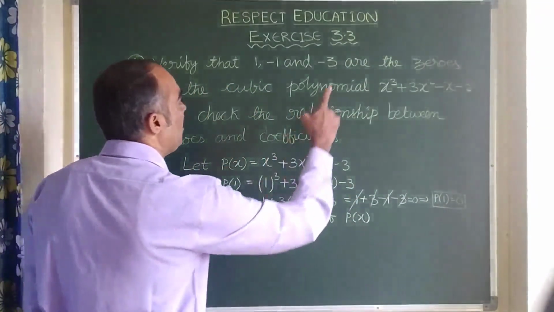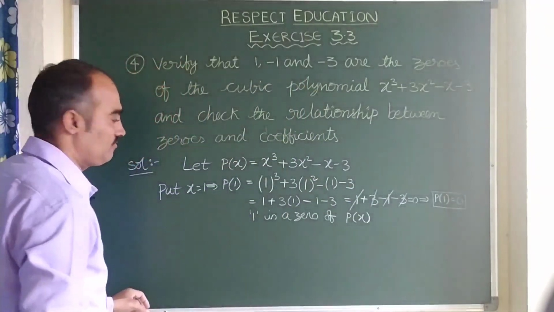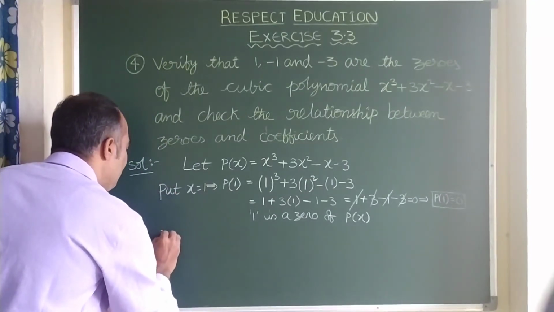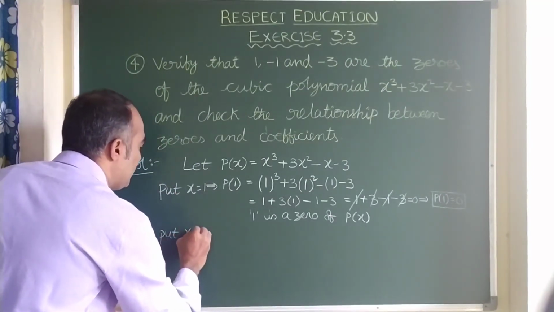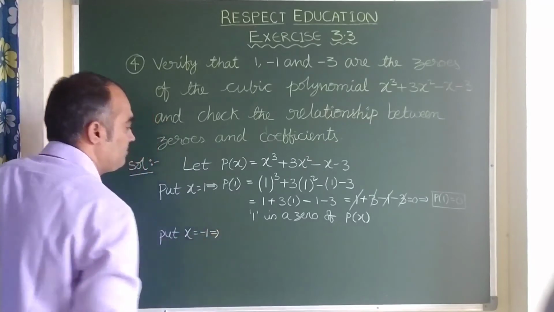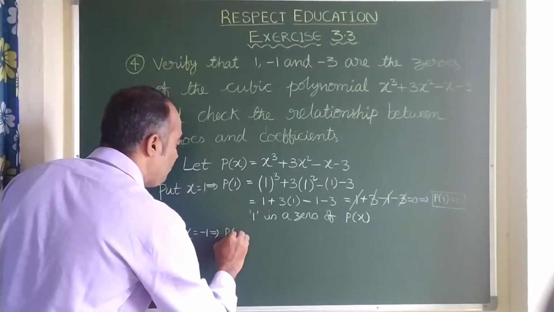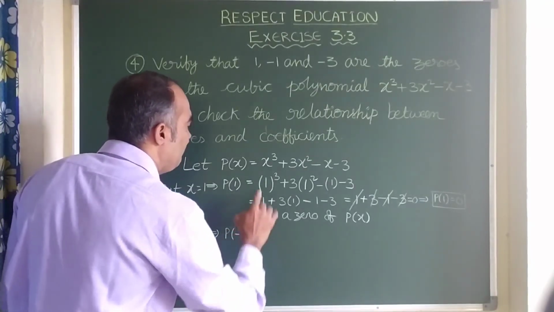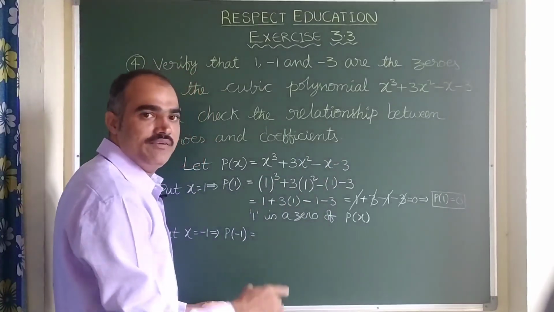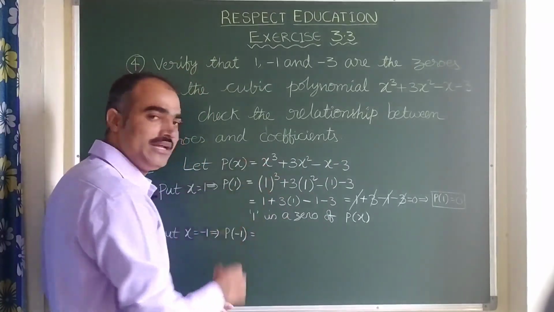Right? Now let us check minus 1. In the same way, put x equal to minus 1. So p of minus 1: wherever x is there, we replace x with minus 1.